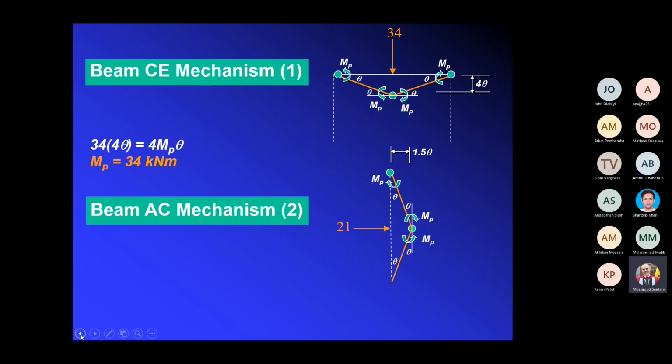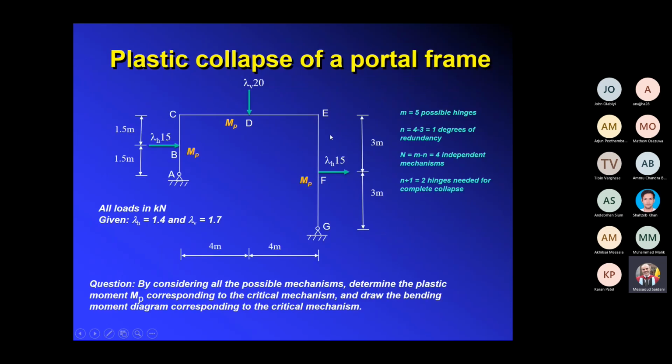Now we're going to do the same for this column here, EG, and we have the beam mechanism of EG. So let's do it. You can see that the load is the same: 15 times 1.4 is 21 kilonewtons.